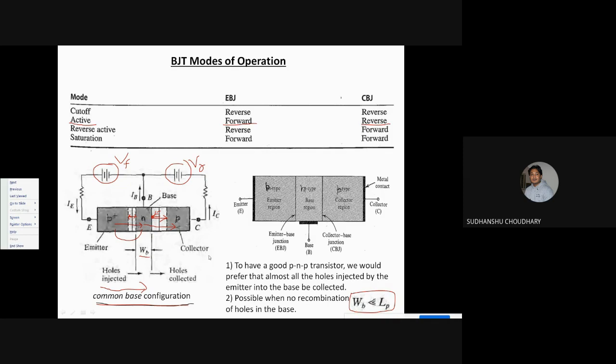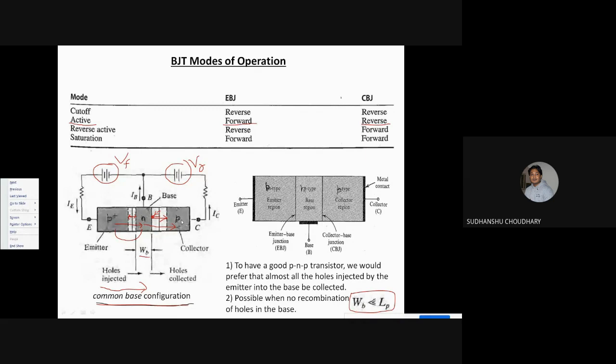Okay. Of course, there will be some recombination, but yes, you can prevent that recombination to a very large extent if the base width is much smaller than the diffusion length of the holes. So that is why always in a BJT, always in a transistor, the width of the base is smaller than the emitter and collector region.